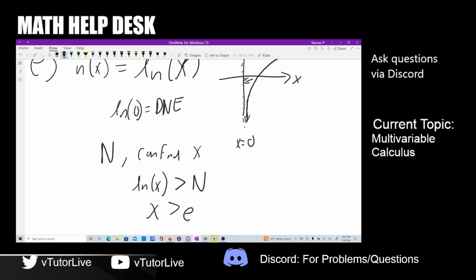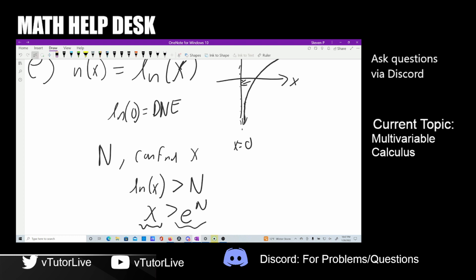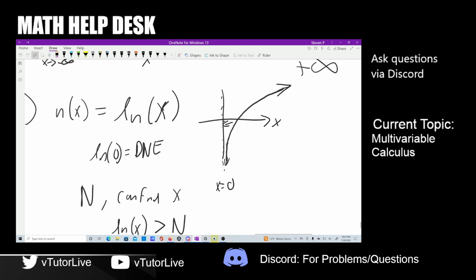That would just become the task of finding some x larger than e to the n, which is doable because I can choose anything for my x. Natural logs are very important if you ever go further in computer science or STEM in general. But yeah, I think that covers it, right?